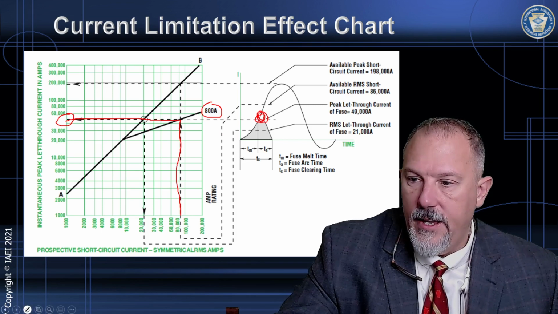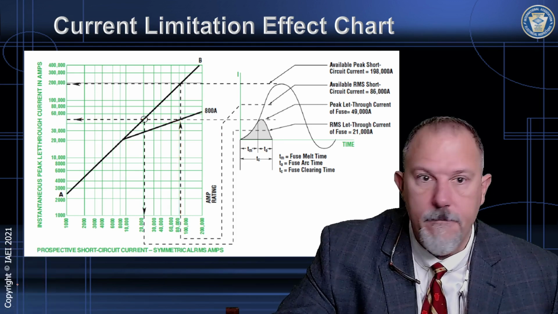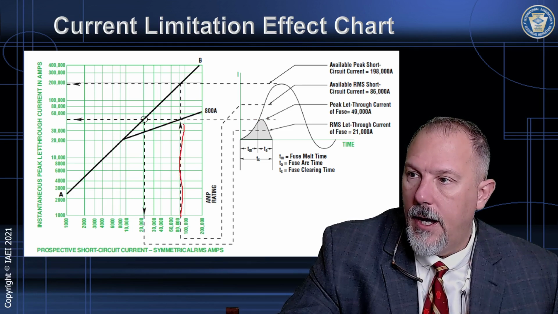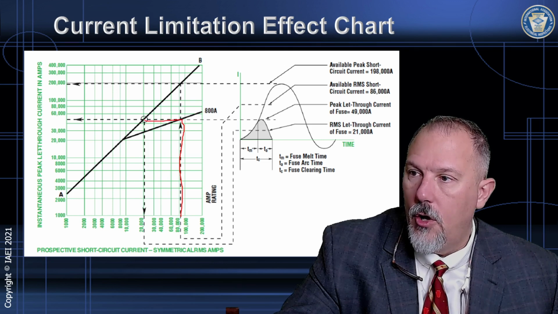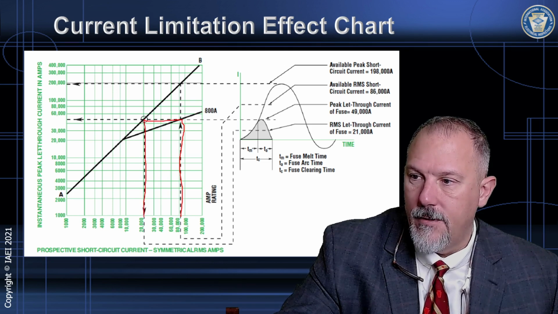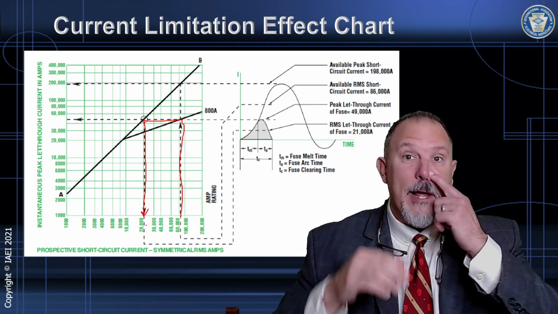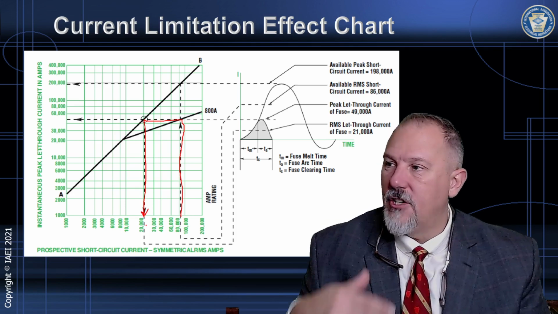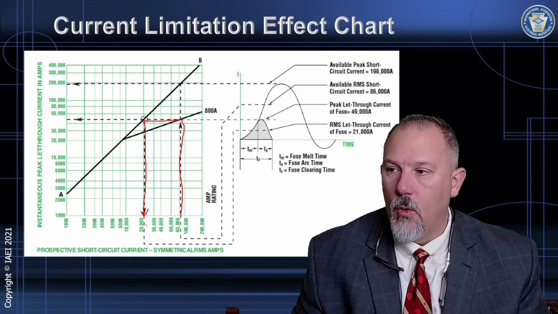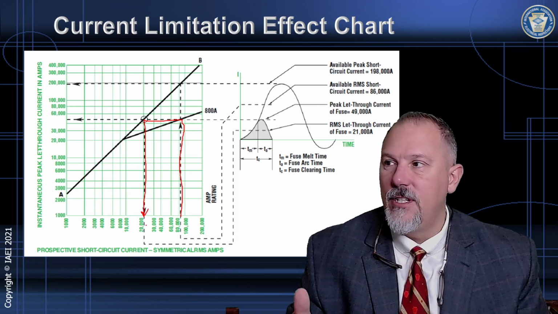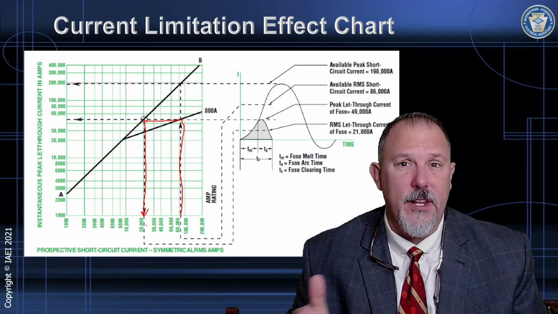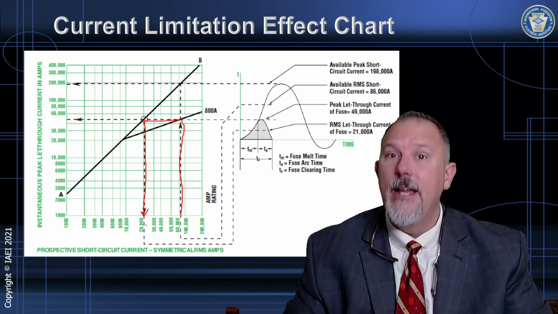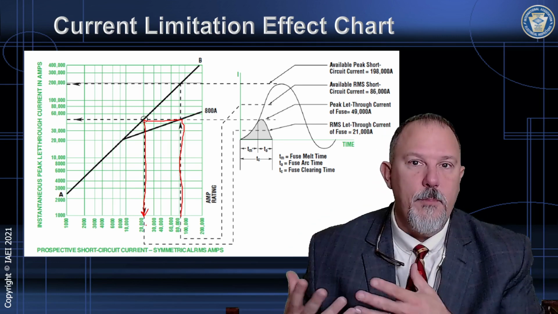If I get real crazy and I go up, over, and down, that tells me my RMS equivalent. So my RMS equivalent is around 21,000 amps for an 86,000 amp available calculated short circuit current. That's basically what will happen. And if we put this in a lab and we ran a test, these would be the results.